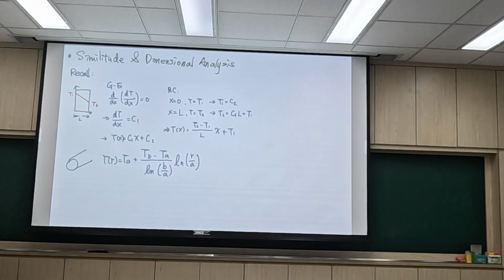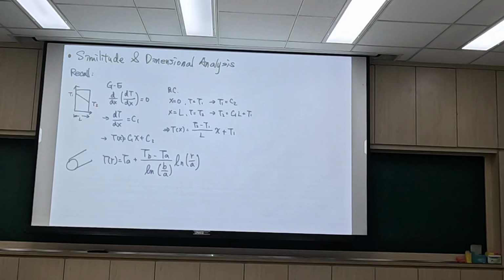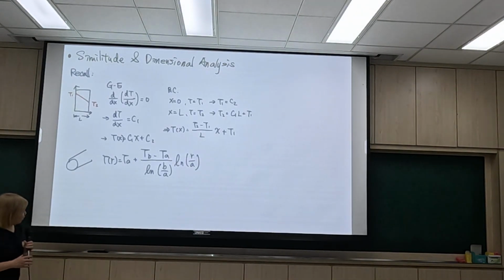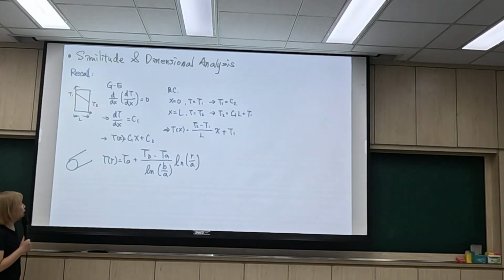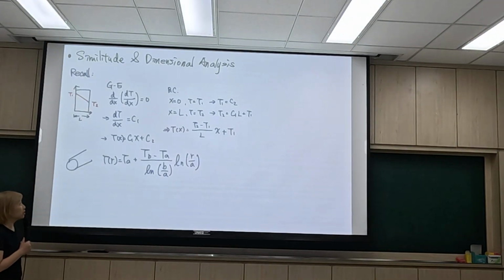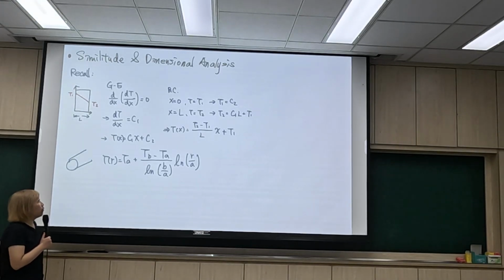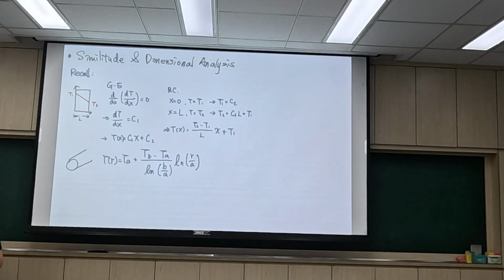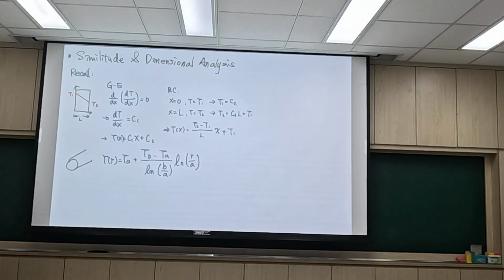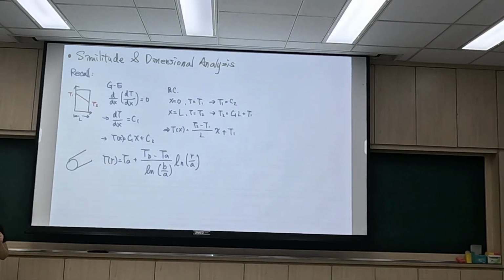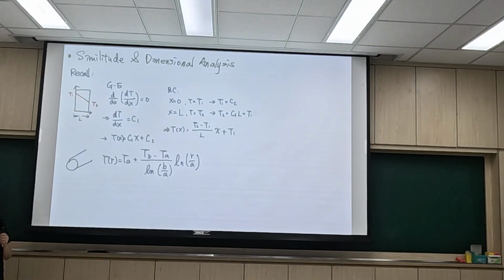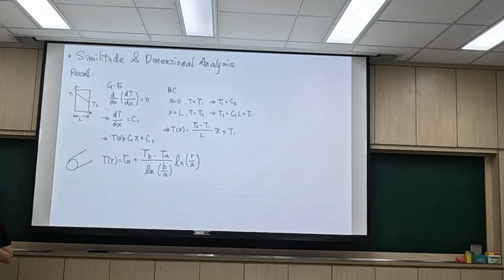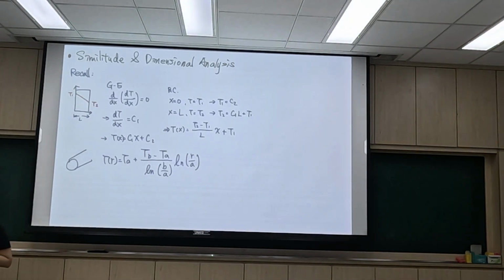Applying the governing equation, the heat equation, and separating the variables, you are able to find constant 1 and constant 2, and then you have a full temperature profile. So as you can see, that's the temperature profile.